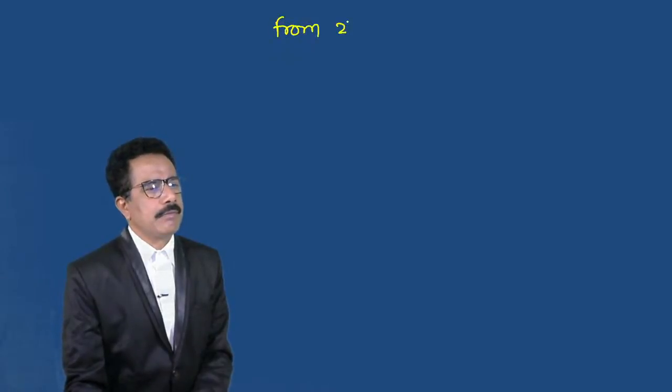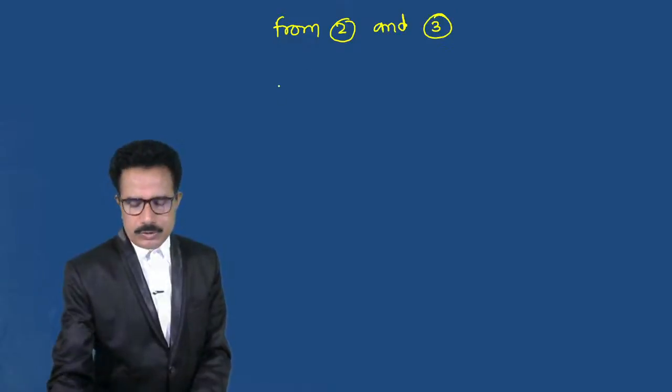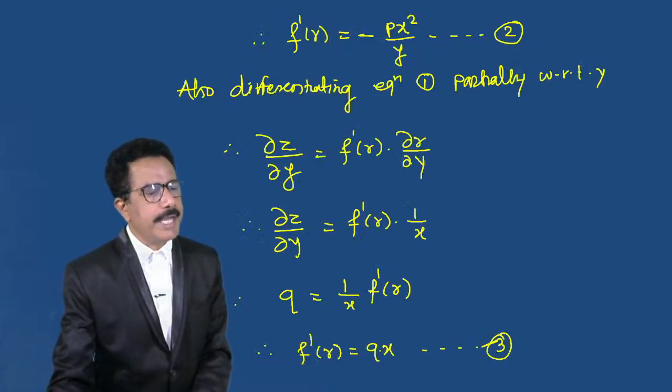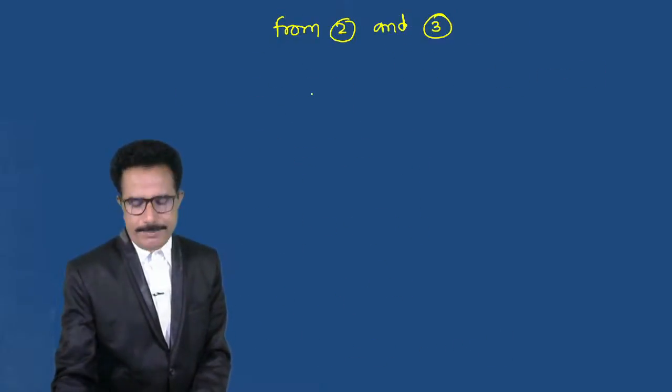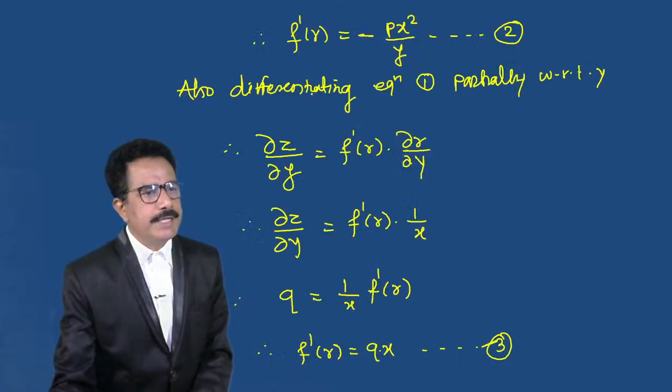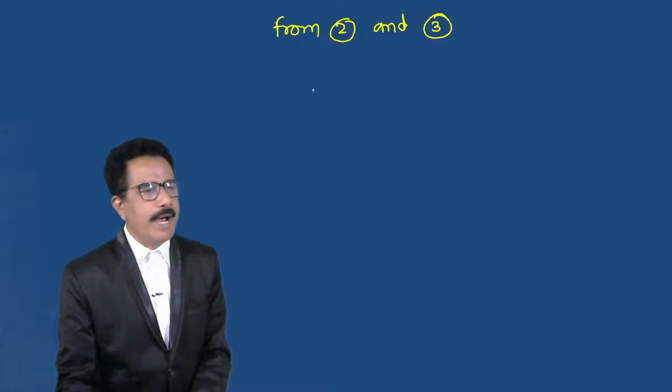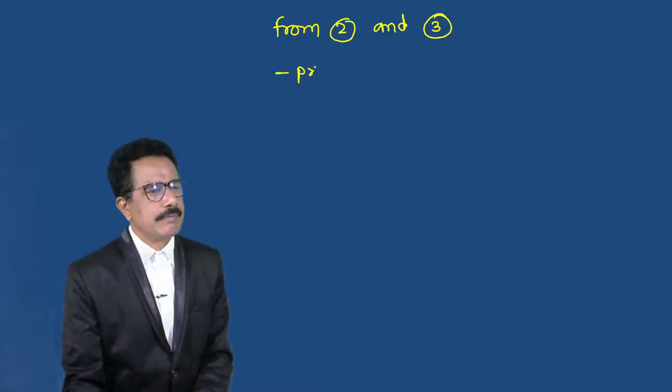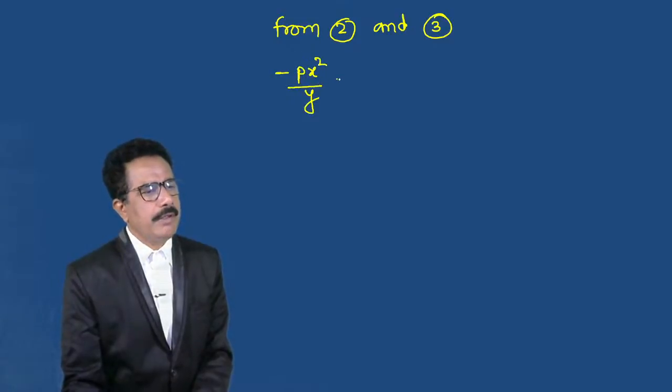From 2 and 3 we can write, the left side is the same, then take the right side, minus px square divided by y, which is equals to qx.